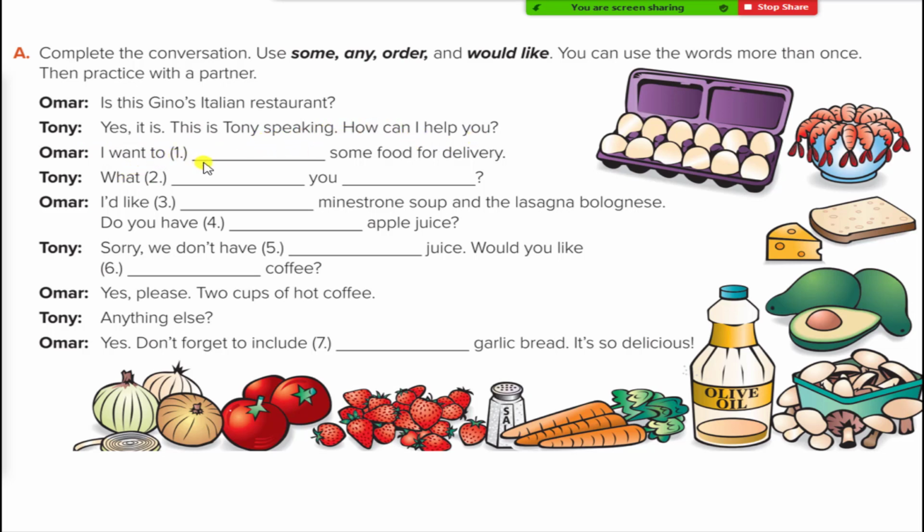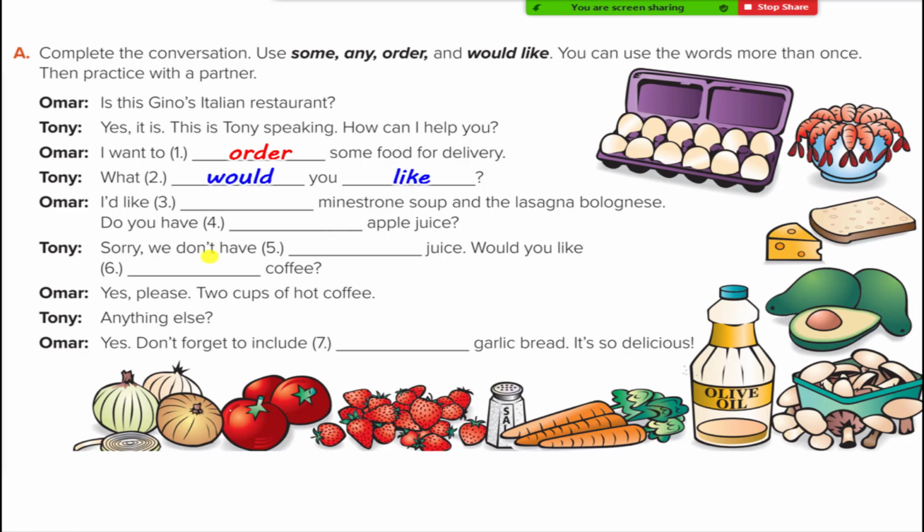I want to order some food for delivery. What would you like? I want to order some food for delivery. Here you use what would you like. I'd like some miso soup and lasagna.